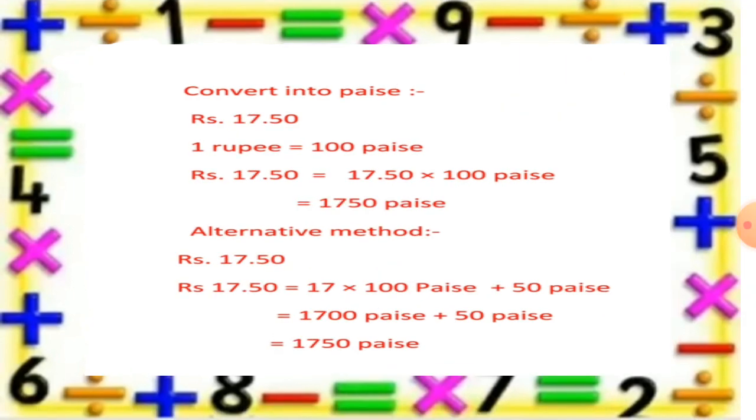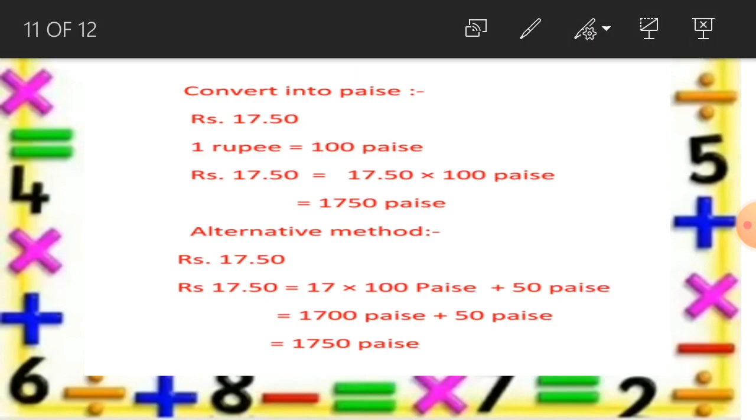Come to the next one, convert into paisa. Again 1 rupee is equal to 100 paisa we will write, and we multiply rupees 17.50 by 100, and we get 1750 paisa.